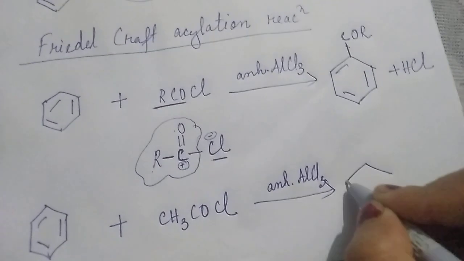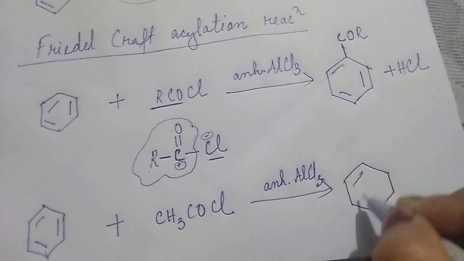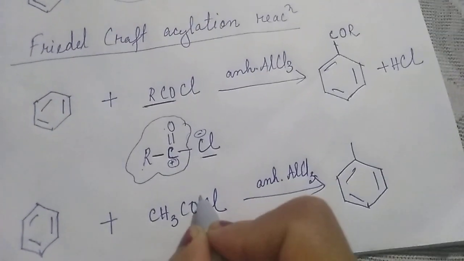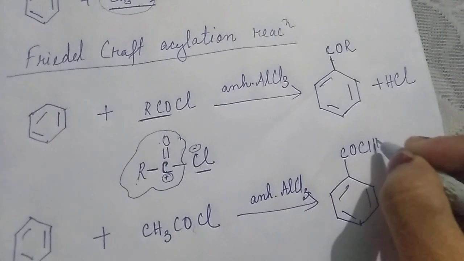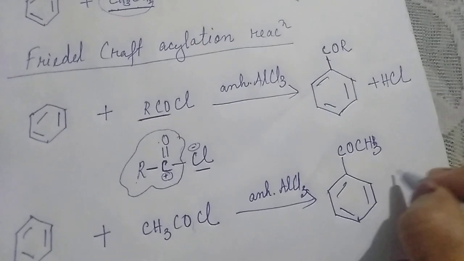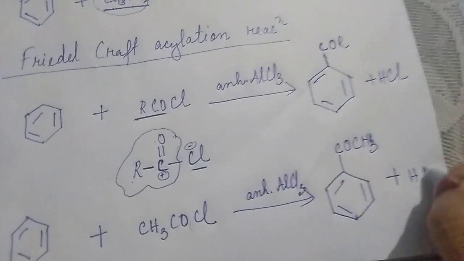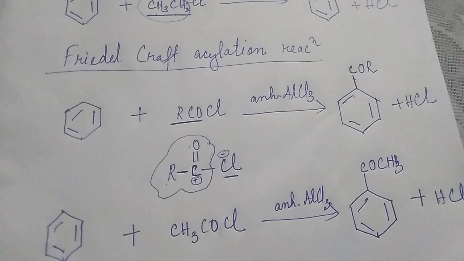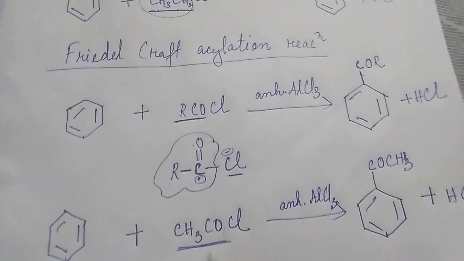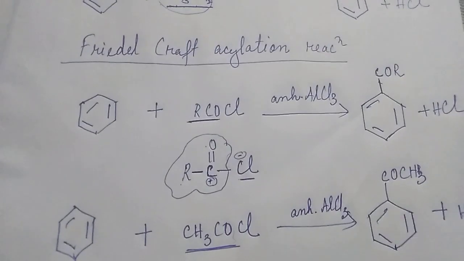What will be your product? The product will always be, where breakage takes place, COCH3, plus HCl. So this is the Friedel Craft acylation reaction. We have just added the acyl group. That is why this is called an acylation reaction.